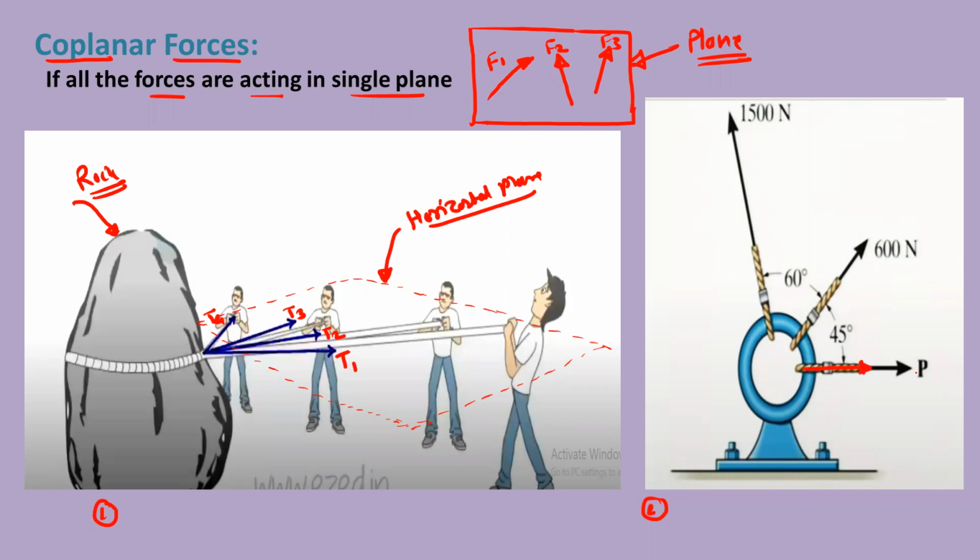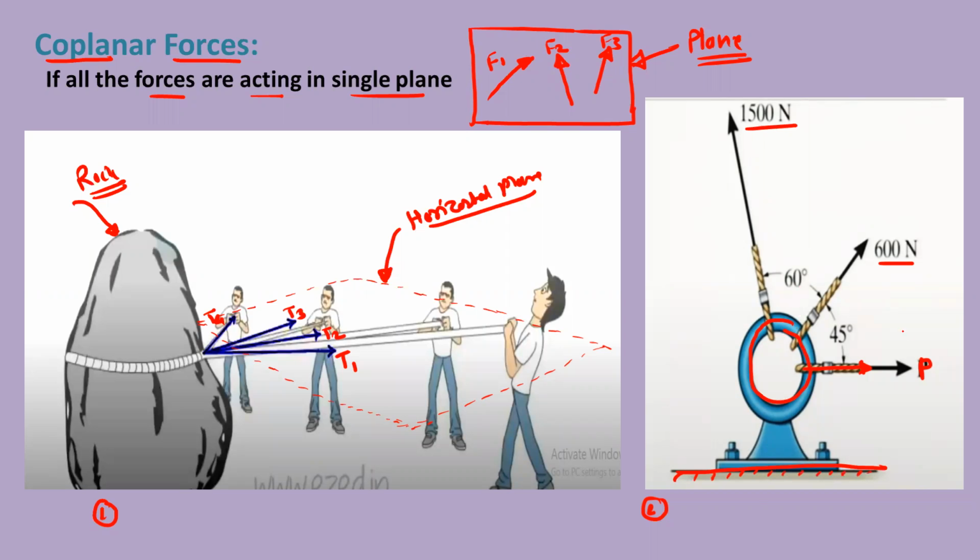So here three forces. One is force P, then second 600 Newton, and third is 1500 Newton. Okay, so they are acting on one ring. So this ring is connected with the ground.